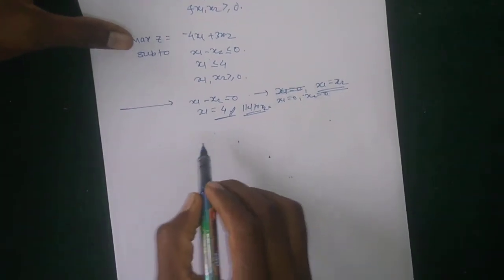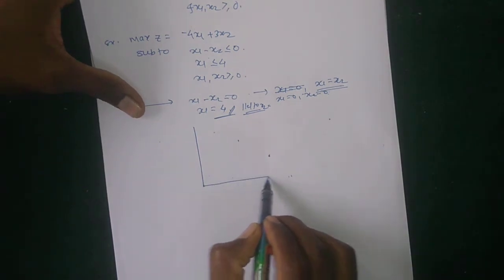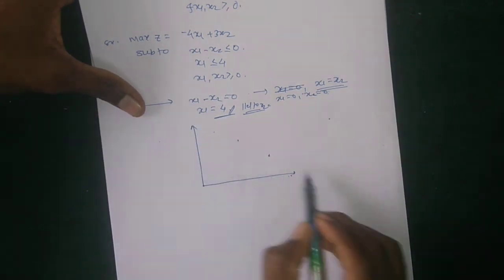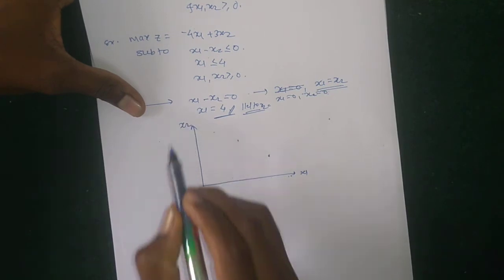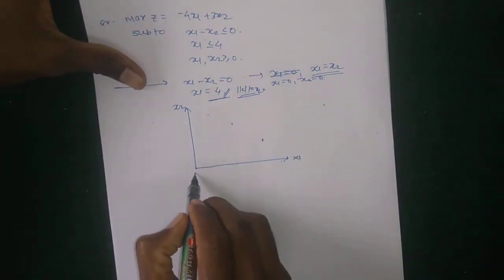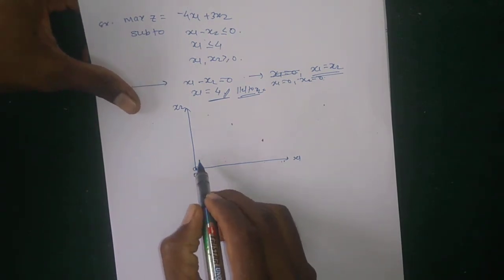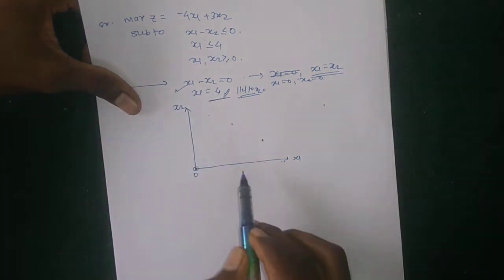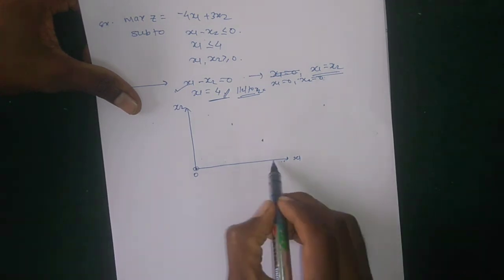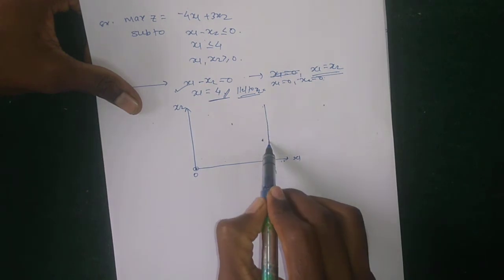So plotting this graph, suppose this is the graph, this is the x1 axis, this is the x2 axis, and the only point is 0 0. Okay, this is O, the origin, one point for this line. The next one is x1 equals 4, parallel to the x2 axis.